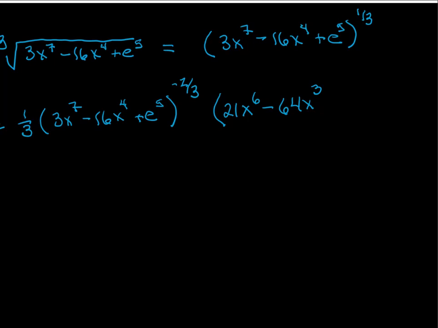Is it 5e to the 4th? Somebody said 0. Where on earth would you get 0? Oh, e to the 5th is a number, isn't it? Well, how do I know it's a number? Can you turn your calculator on and press e raised to the 5th, and bing, it gives you back a decimal? That means it's a number. Way to go. The derivative of e to the 5th is 0.